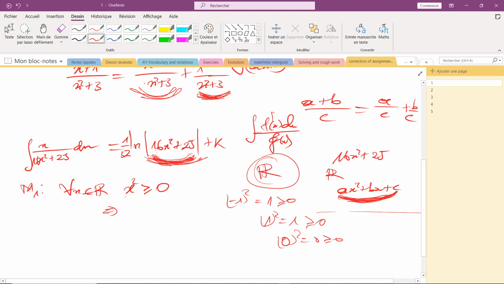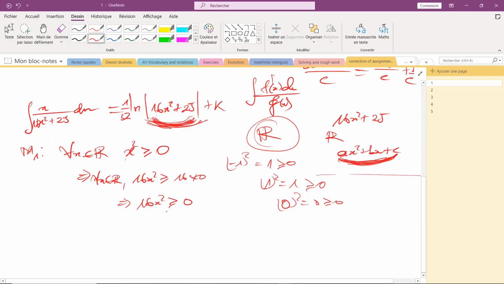This implies, for all x belonging to the set of real numbers, 16x squared will be greater than or equal to 16 times 0, which implies 16x squared is greater than or equal to 0. The inequality sign does not change because we are multiplying by a positive number.